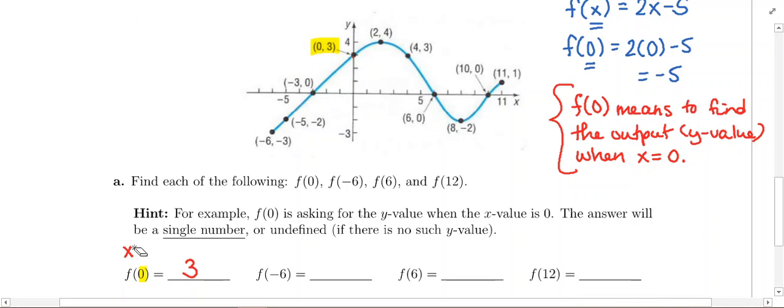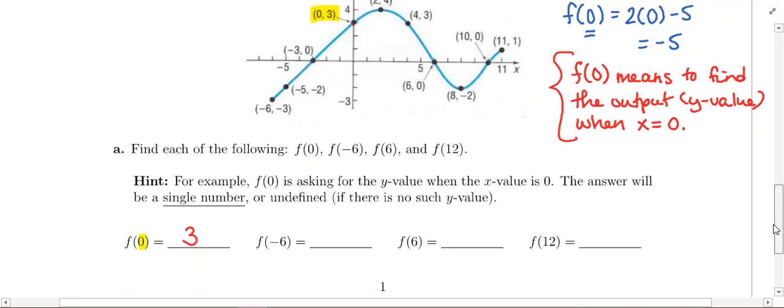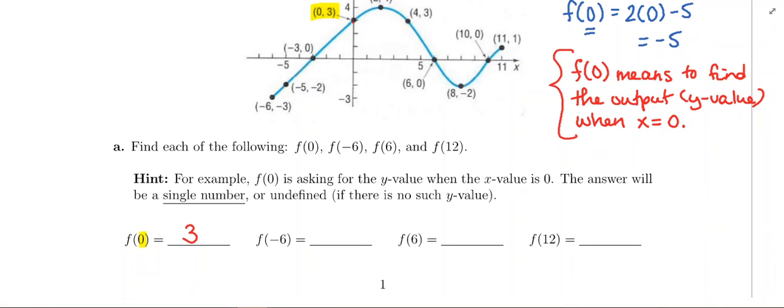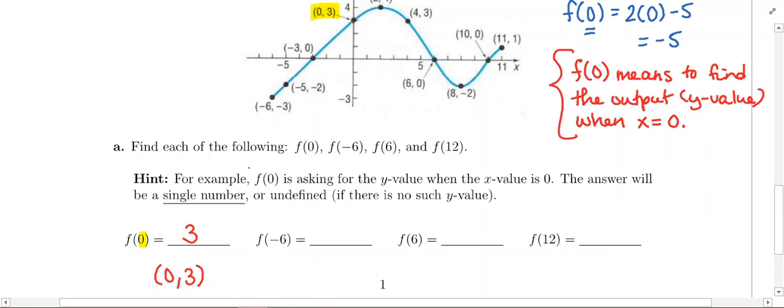Now something I want to make a point of: it is actually incorrect to write the ordered pair. If you said f of 0 is (0, 3), this is incorrect. So I'm going to write it down and I'm going to scratch it out.